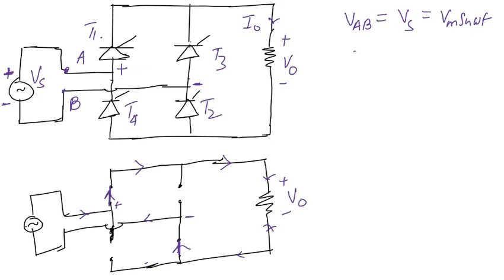So V naught is actually Vs when T1 and T2 conduct, and they conduct during alpha to pi. During this period, VAB has a positive polarity at A and a negative polarity at B. Let us check what happens to the current.